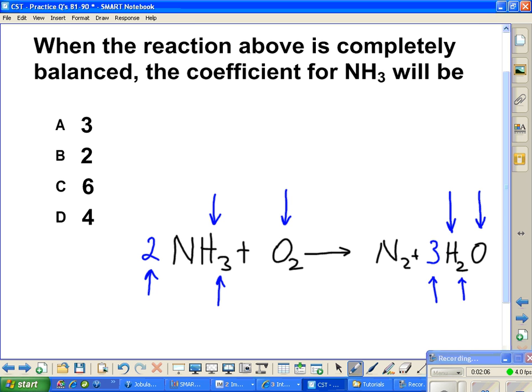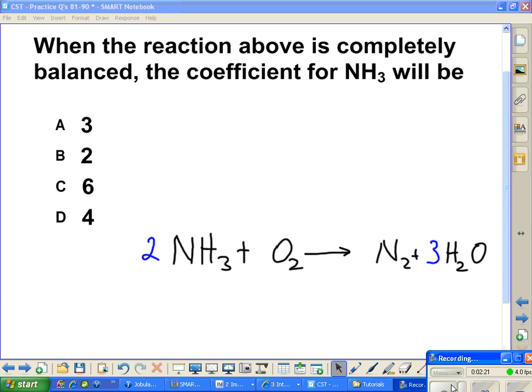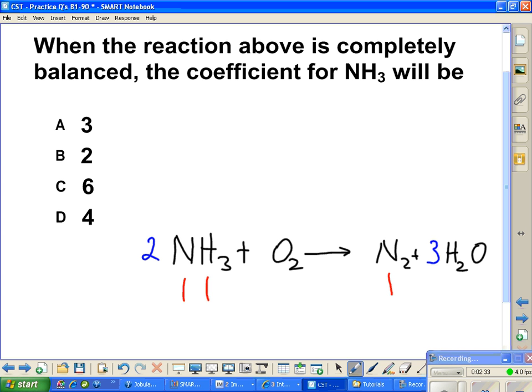One other benefit is that this coefficient of 2 is going to balance the coefficient of the nitrogen, which at this point is just 1. So we have gotten the nitrogens and the hydrogens balanced.